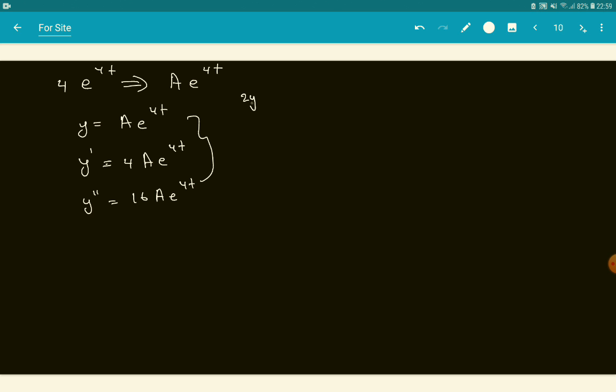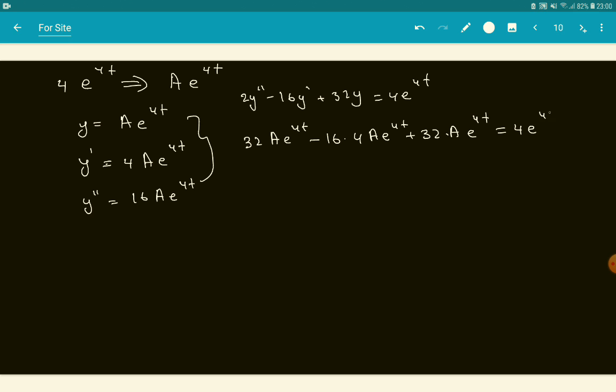So my equation originally was 2y double prime negative 16y prime plus 32y equals 4e to the 4t. Now y double prime is 32a e to the 4t, negative 16 times y prime, which is 4a e to the 4t, plus 32a e to the 4t is equal to 4e to the 4t.